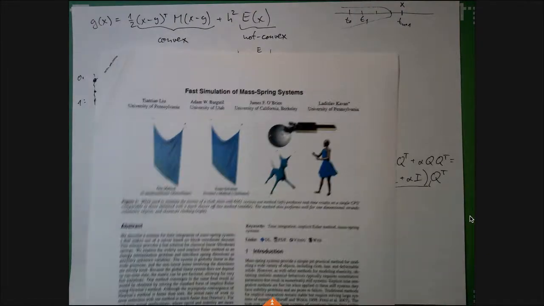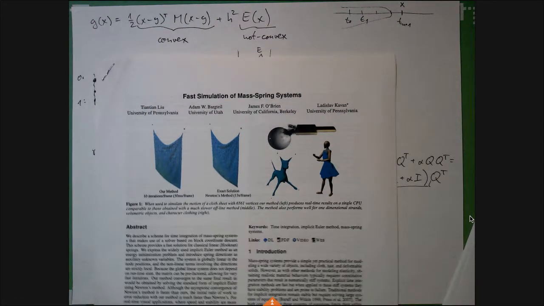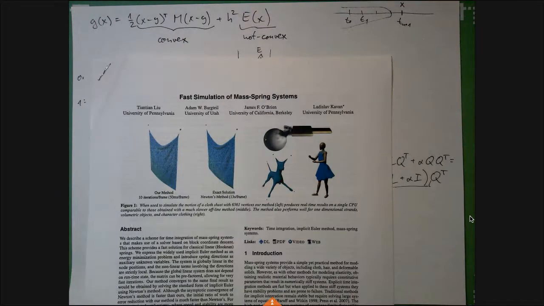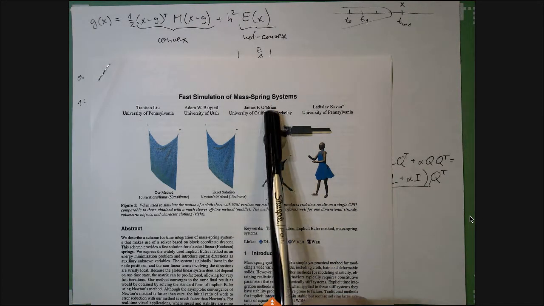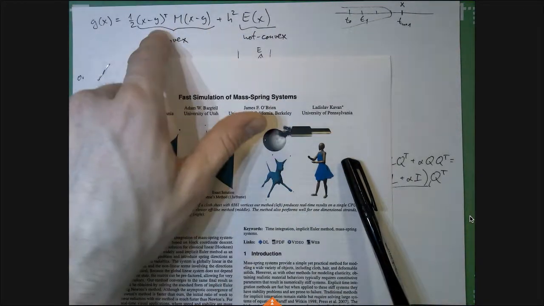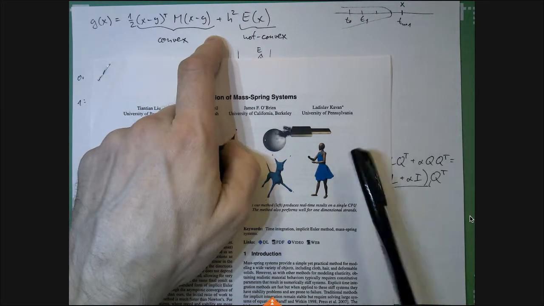Those are results of our recent research, the fast mass springs here with Tintin, and a generalization of this. So actually, let me give you a little bit of story. This is the idea just for mass spring systems, and that's what I will explain to you in the rest of the lecture today, how this actually works. The idea is to take this optimization problem and solve it in a little bit different way than using Newton.